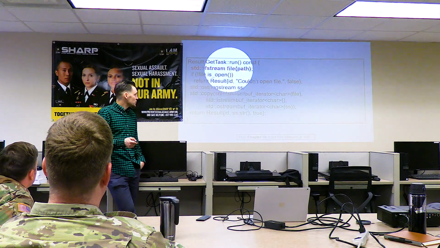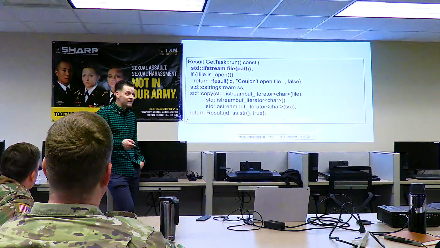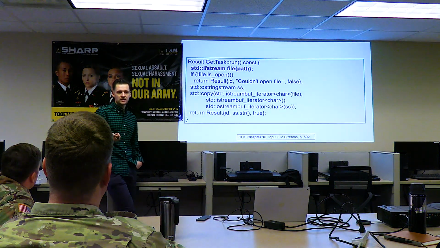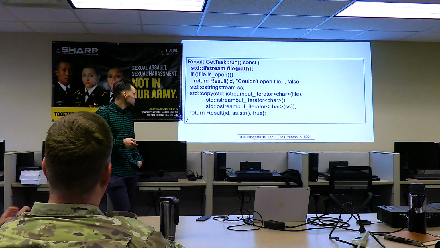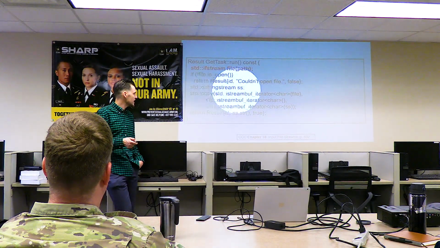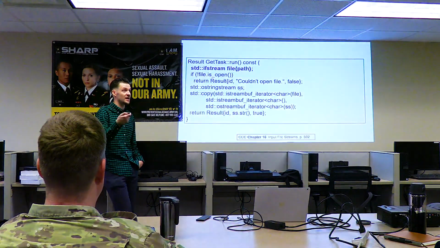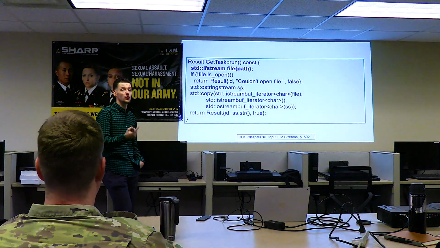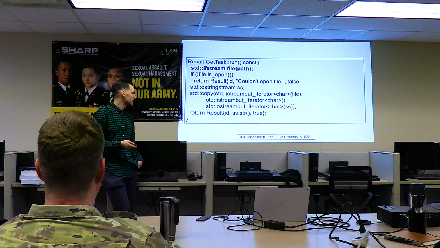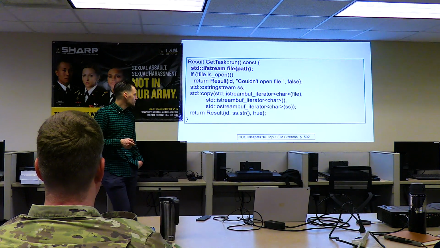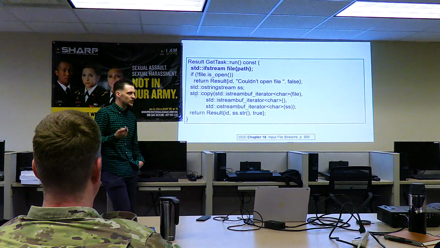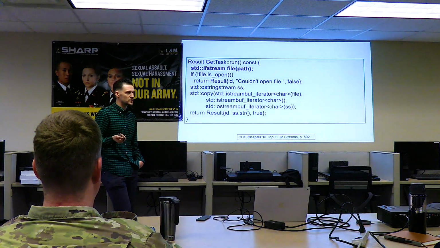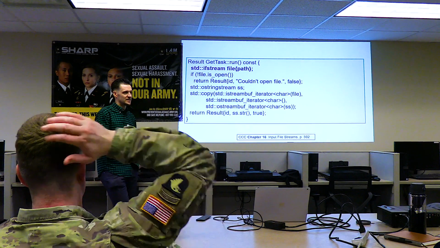There are a lot of ways you can read from a file. My favorite way is to use the standard library algorithms. The way you do that, you make an ostringstream. This is a string stream that you can write into only, can't read from it. And then there's std::copy, which I recommend you learn a little bit about how this works, because it's awesome.